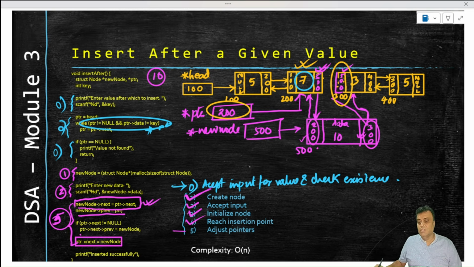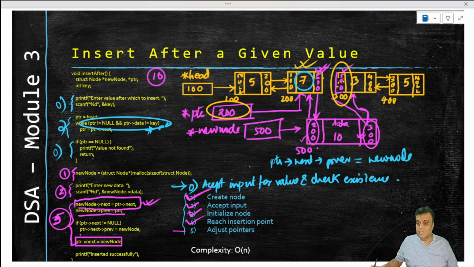So how do we do that? I know my pointer. So my pointer points here. The pointer's next points here. Whose previous is this? So what do I write? I will write pointer arrow next arrow previous. Then only I'll get access to this 500. And this I will say is equal to my new node. That makes this particular connection, right?